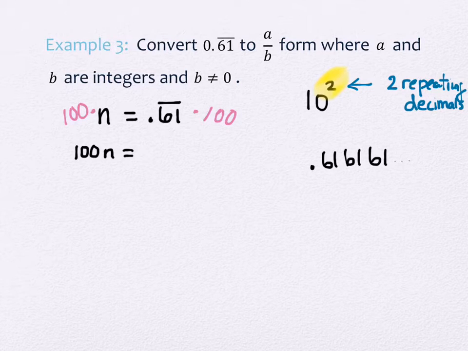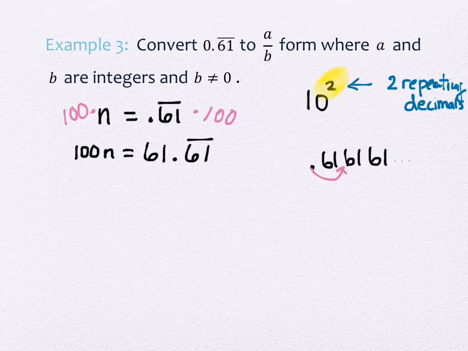So what's going to happen when I multiply this by 100? It's going to move the decimal place, and I'm going to end up with a 61 now. But then I'm still going to have the 61 repeating, because moving the decimal place does not change the fact that the numbers are still repeating.